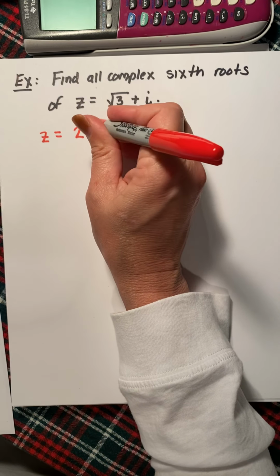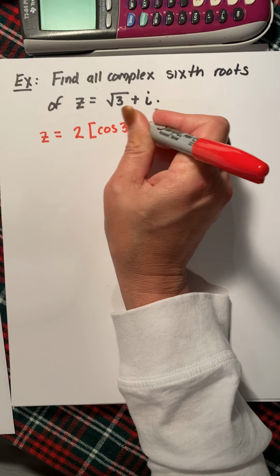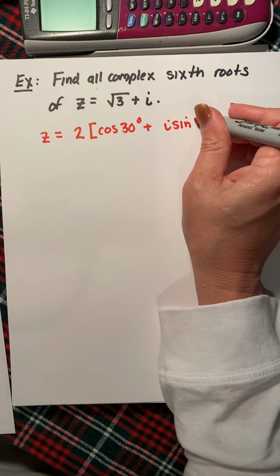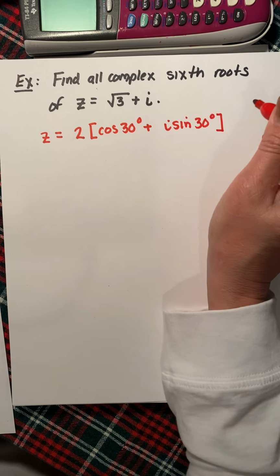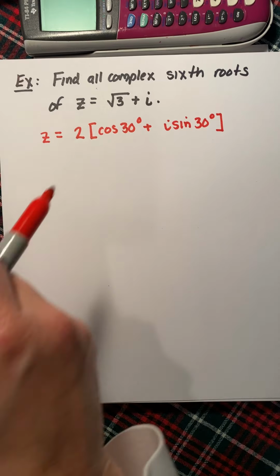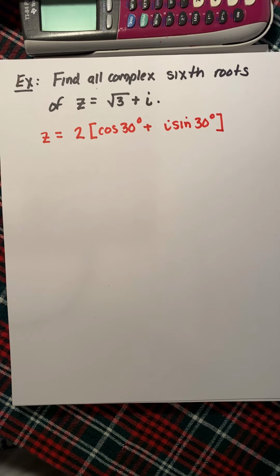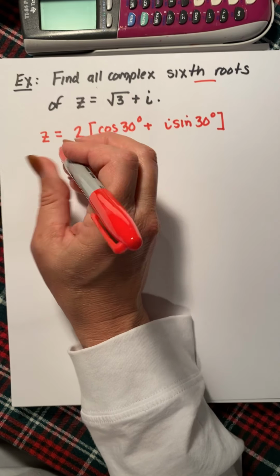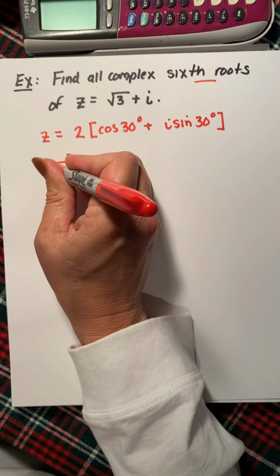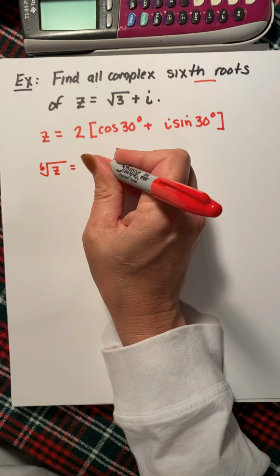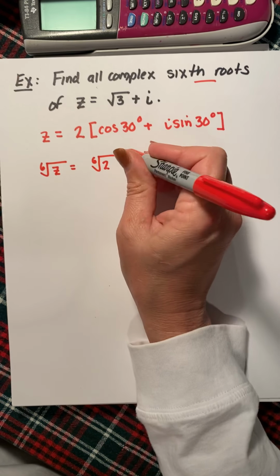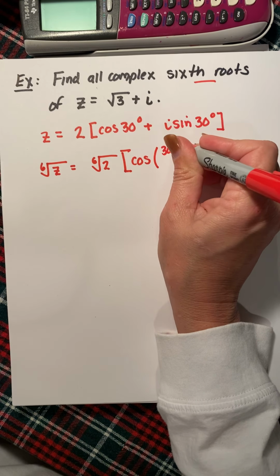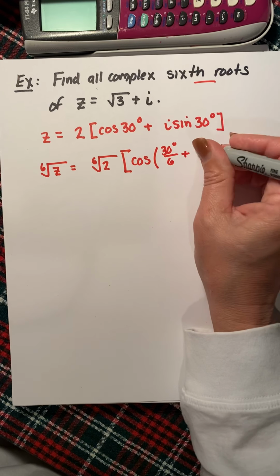So therefore, the 6th roots of z are going to be the 6th root of 2 times the cosine of 30 degrees over 6 plus 360 over 6k plus i sine of 30 degrees over 6 plus 360 over 6k.